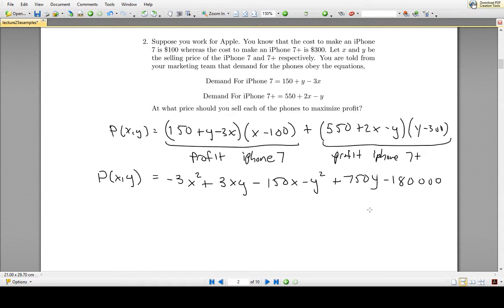So again, this is nothing more than just foiling these out and collecting all like terms. So pretty simple stuff. And at the end of the day, this is the function of profit as a function of X and Y. So we would like to maximize this.